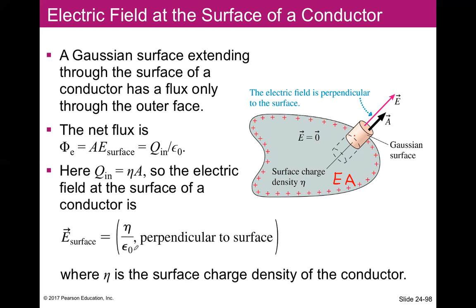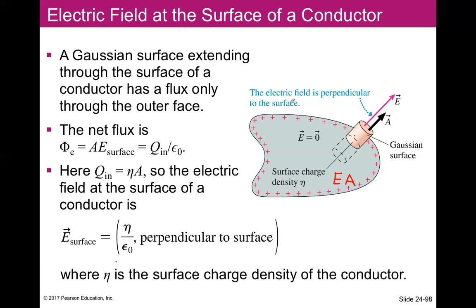No matter where it is, once the charge density is known, you will know the electric field surrounding this conductor, no matter at which position, whether it's here or there.